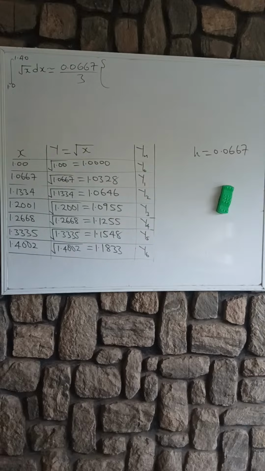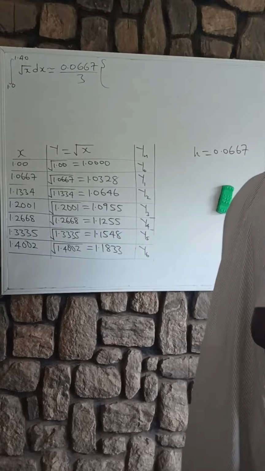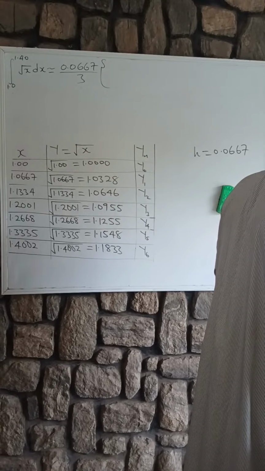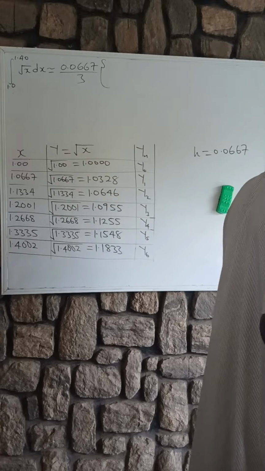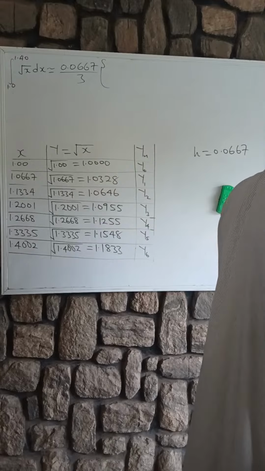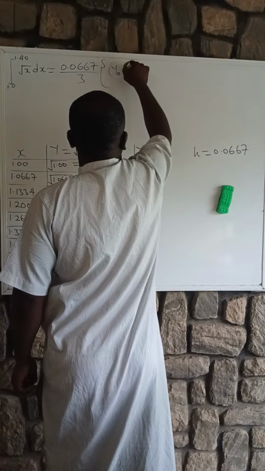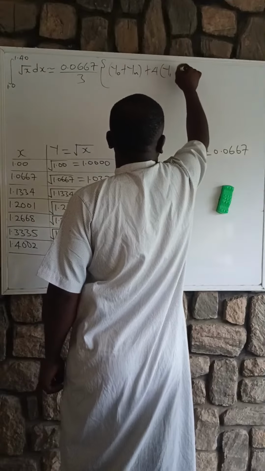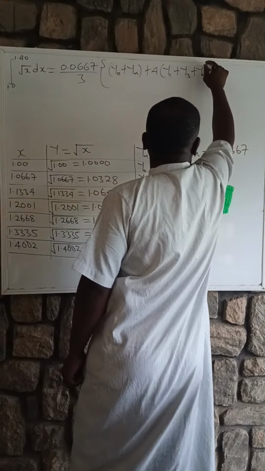So it means y naught plus yn, then plus 4 open bracket y1 plus y3 plus y5, true or false?